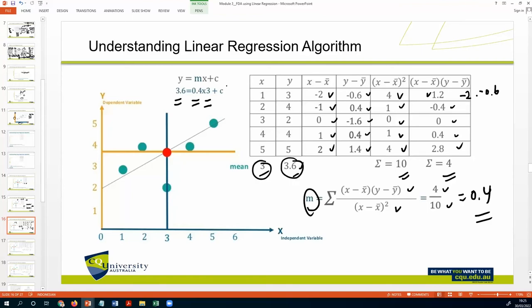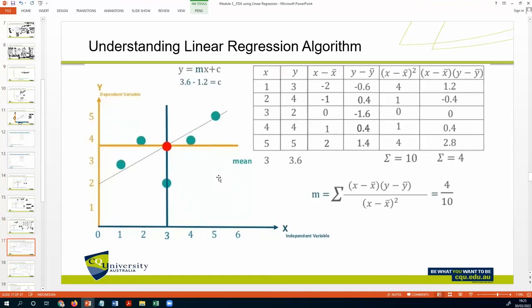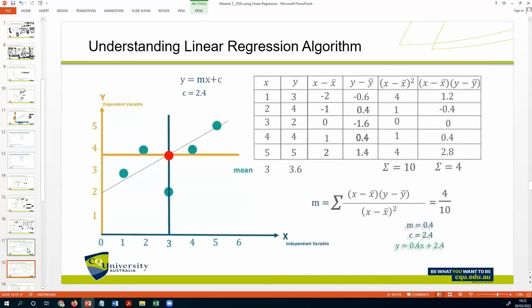The constant will be identified, which is 2.4. So we identify the beta and the constant. And what is the model? Y equals 0.4 times X plus the constant, 2.4.